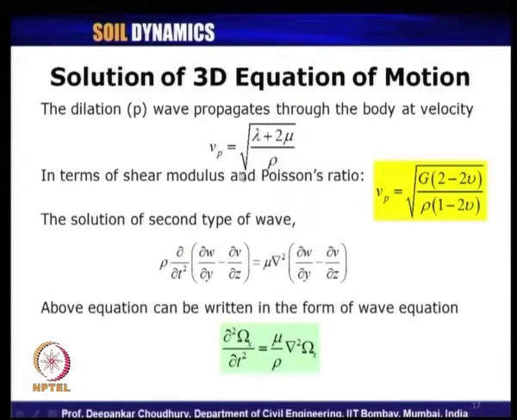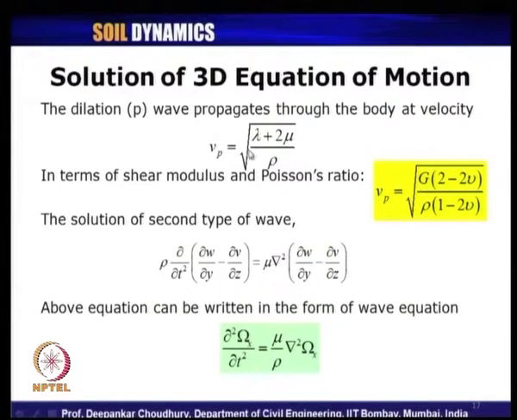which will now help us to further simplify the equation in this form: the dilation wave propagates through the body at a velocity Vp, which is the primary wave velocity, expressed as root over lambda plus 2 mu by rho in terms of Lame's constants. Now, we know Lame's constants in terms of other parameters, that is shear modulus and Poisson's ratio.